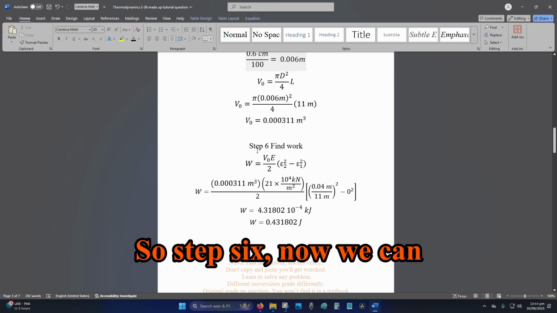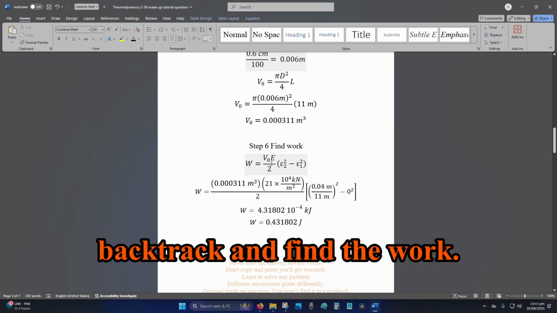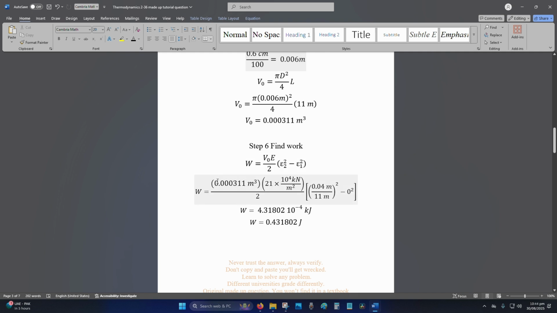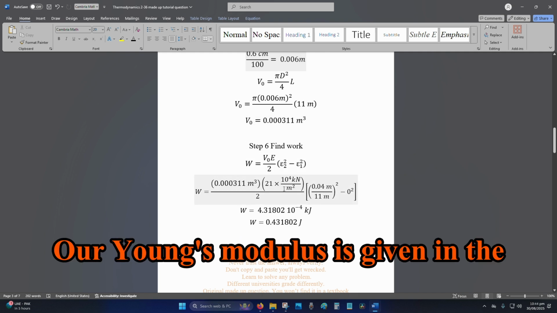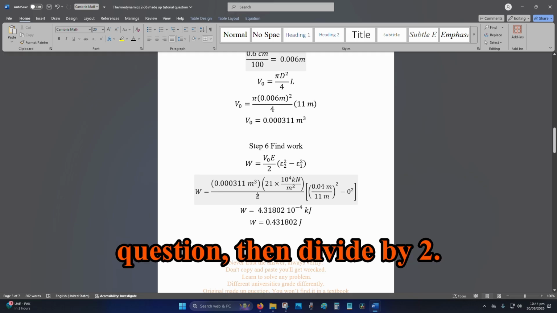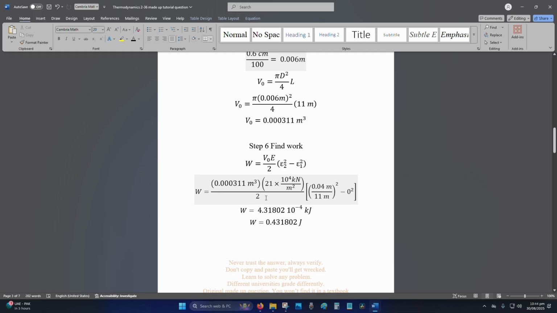So step 6, now we can backtrack and find the work. So we just found our volume, which is right here. Our Young's modulus is given in the question, then divide by 2.